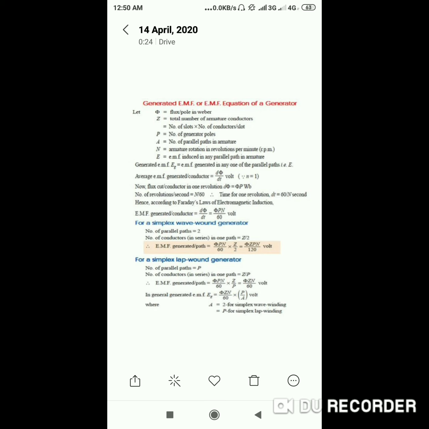When you substitute that in the EMF equation, EMF for wave wound is phi ZPN divided by 120, where 120 is 60 multiplied by the number of parallel paths, 2.